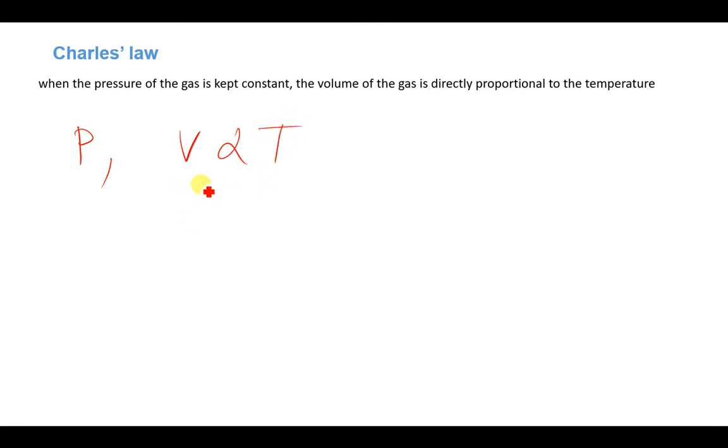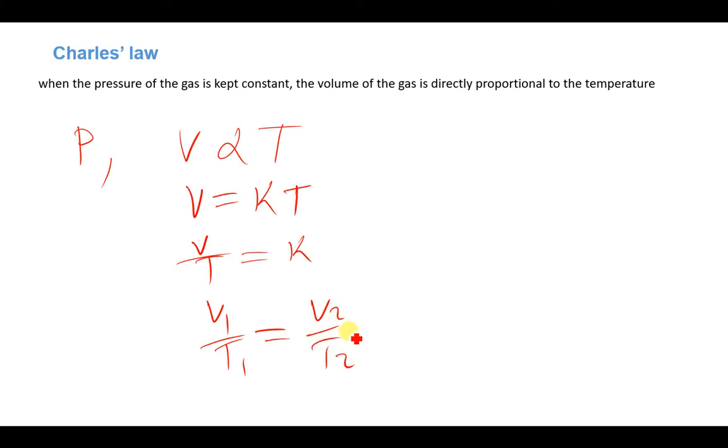So you can write this as V is equal to KT, meaning V over T is equal to K. This can also be written as V1 over T1 is equal to V2 over T2. This is Charles' law.